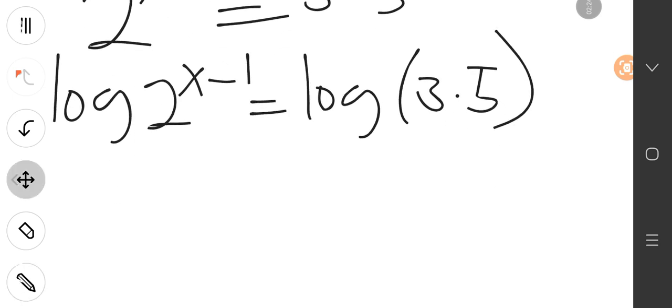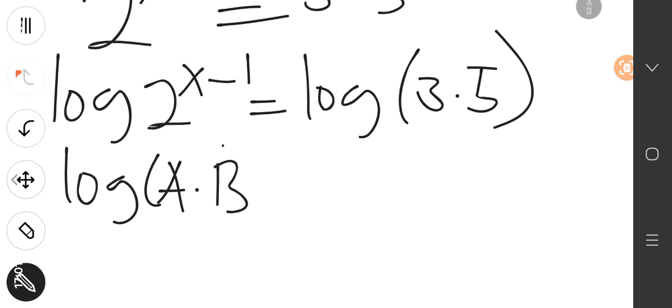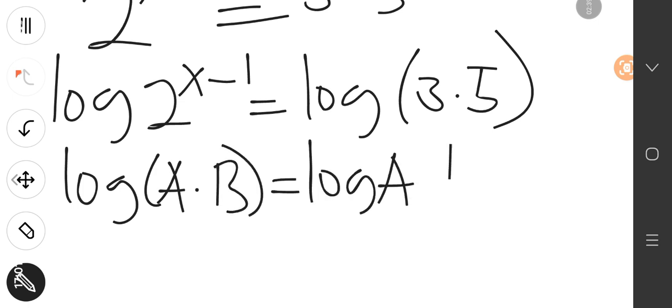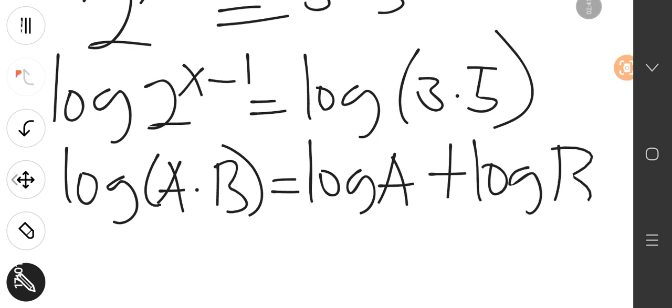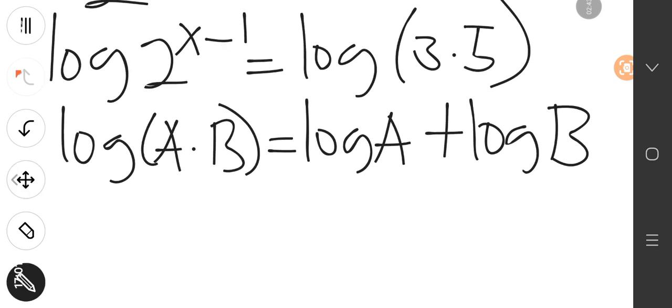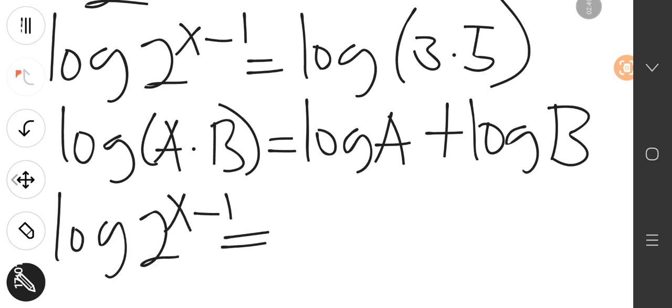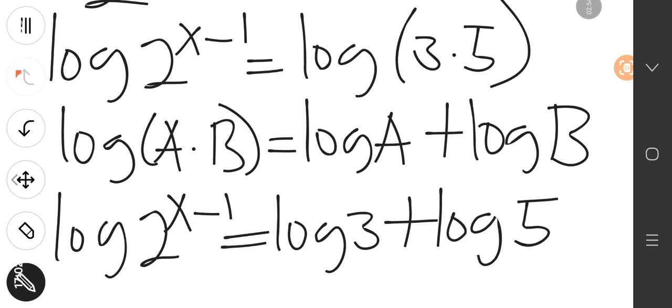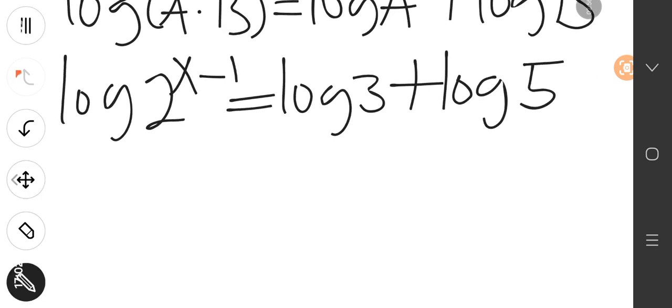All right, so this is what we have. Now let's quote the formula for the product rule of logarithm. Log of a times b equals log a plus log b. So our equation becomes log 2 exponent x minus 1 equals log 3 plus log 5. Now let's use the logarithm power rule to express this part.